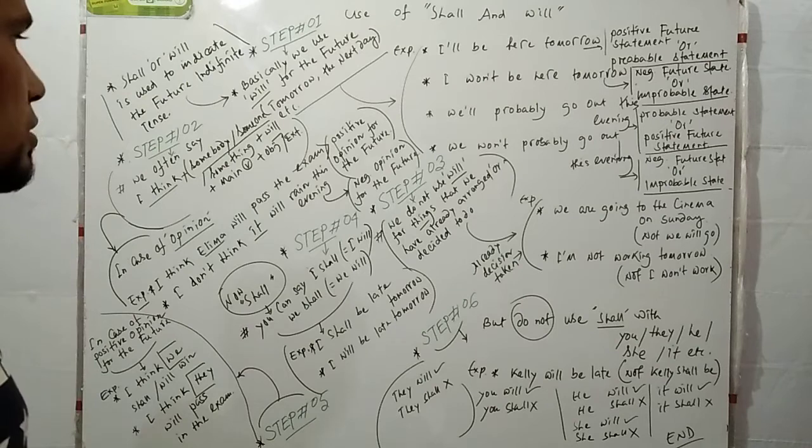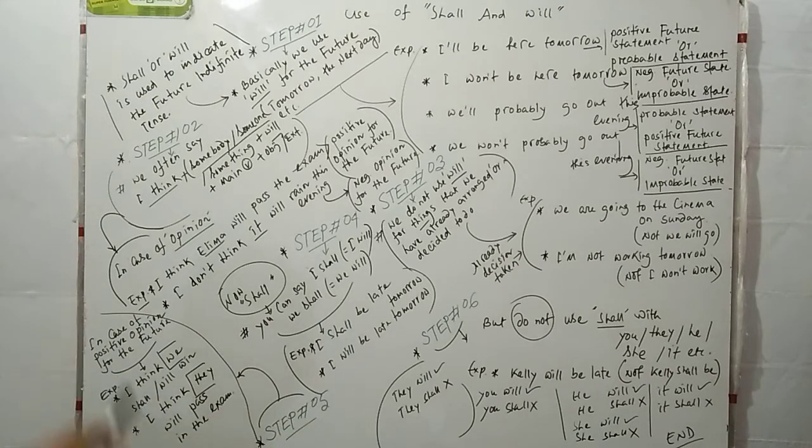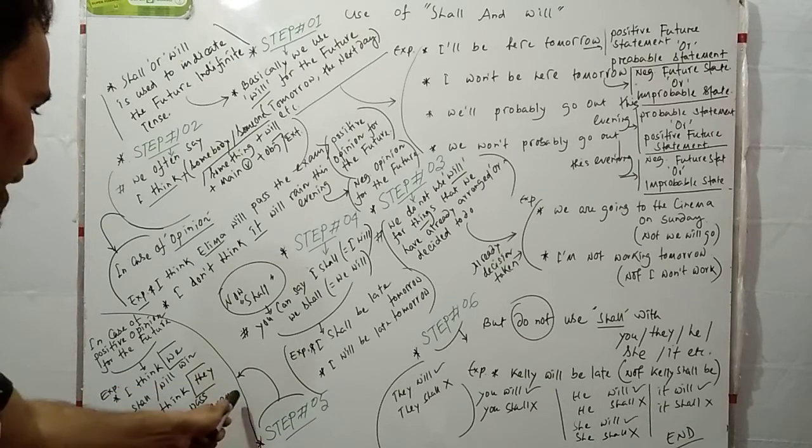So now, step number 5. In case of a positive opinion for the future, the sentence is: I think we shall or we will win. We will win. Next sentence is: I think they will pass the exam.